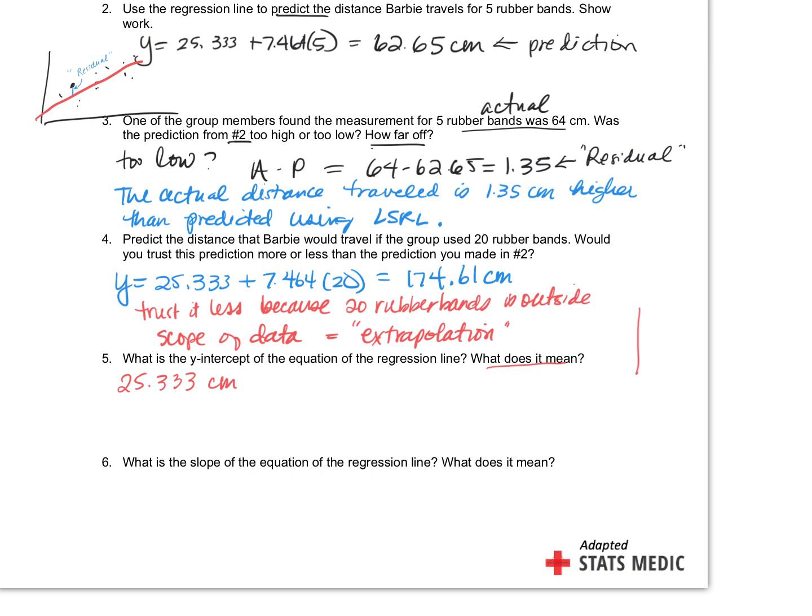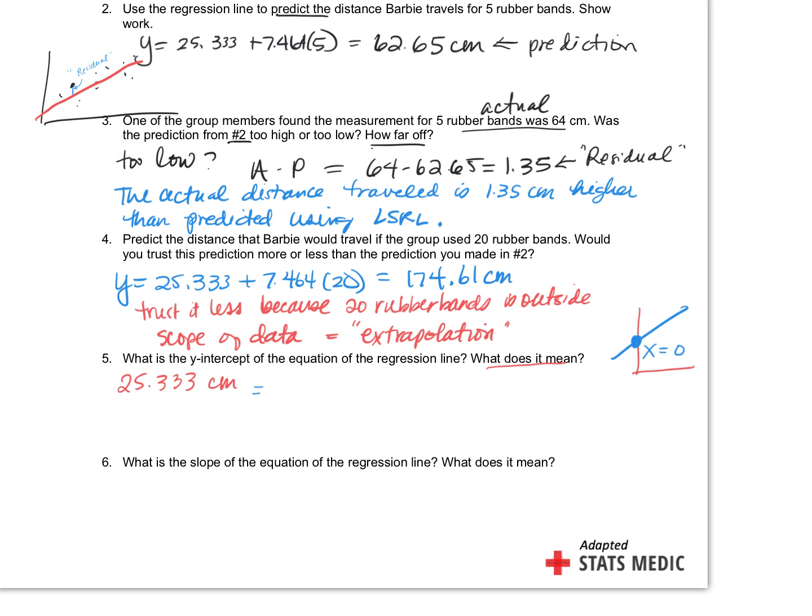Remember what y-intercept means in algebra? It's where the line touches the y-axis, right? Where x is equal to what? 0. So what does x equal in the context of this question? It is 0, but 0 what? 0 rubber bands, right?